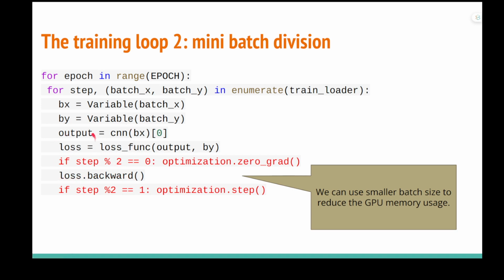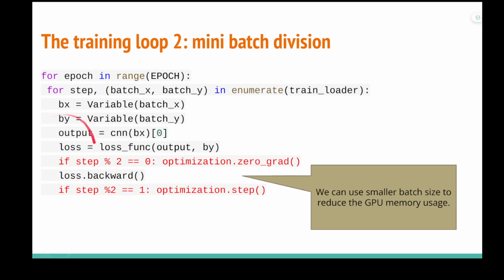For example, the batch size is 16. So for the first 16 images, we calculate the gradient and store it in the parameters. Since that's the first step, we will not call the step here.